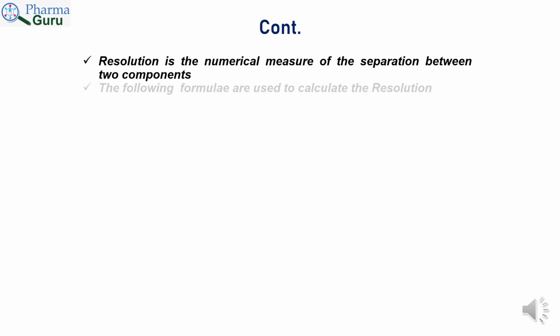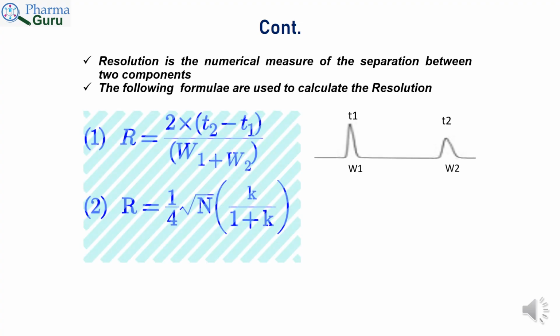In industry, two formulas are used to calculate R. First is R is equal to 2 into (T2 minus T1) divided by (W1 plus W2), where T2 is the retention time of the second peak, T1 is the retention time of the first peak, W1 is the width of the first peak, W2 is the width of the second peak.